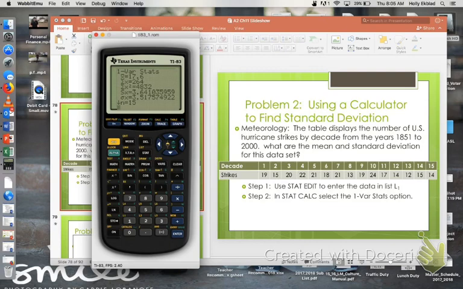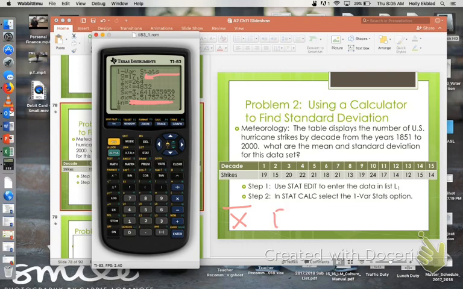Okay, so this first line right here, that's 17.6 with the X with the line over it, that's our mean. And then it gives us the sum and then our deviation is this one here at the bottom. So when you do it this way, you can only find the mean and then your standard deviation.